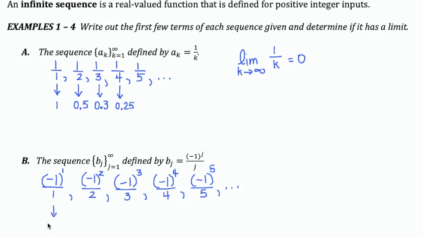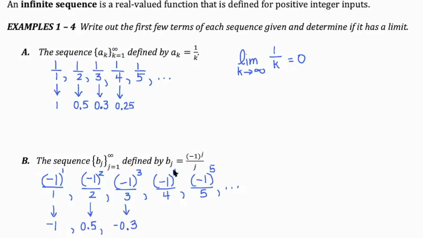So the first term is equal to -1. The second term, because of that even exponent, is going to become +1 in the numerator. So we have 1/2, which is the same as 0.5. Then we're going to have -1/3, so about -0.3.